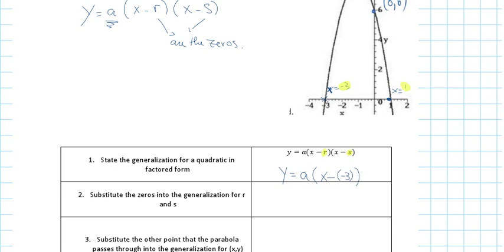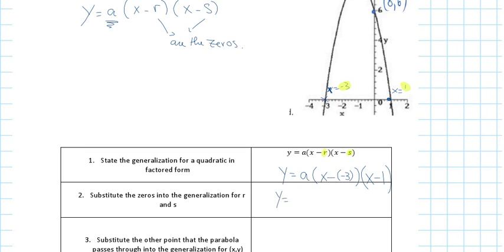So what happens when I have two negatives right after each other? It becomes a positive. So we'll rewrite that. And then I have x minus, and what's my other zero? 1. So that will be y equals a times (x plus 3) times (x minus 1).